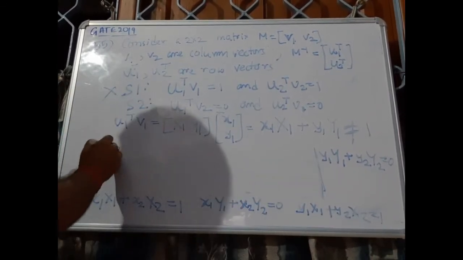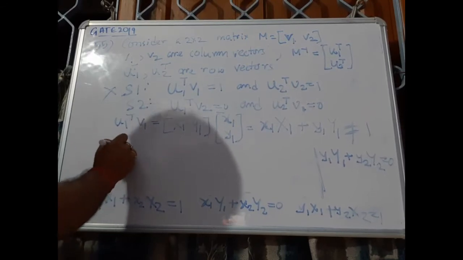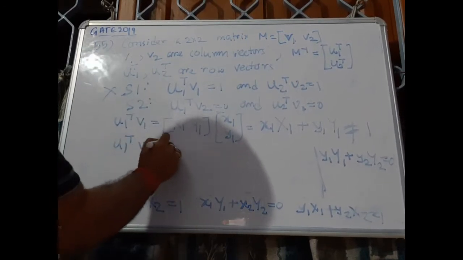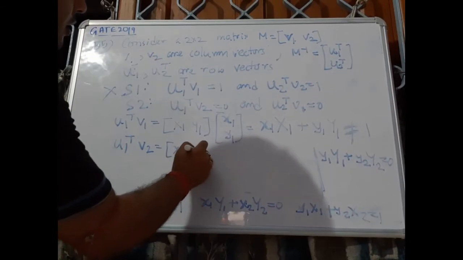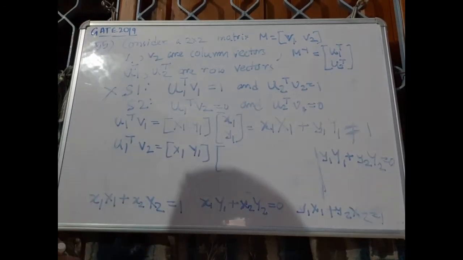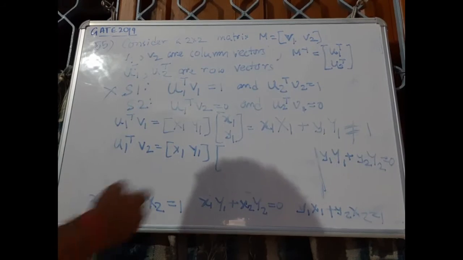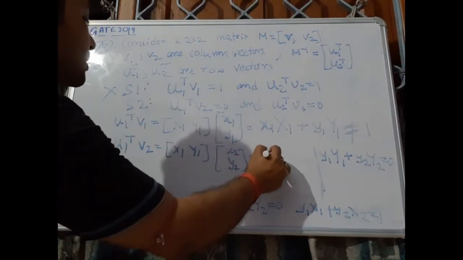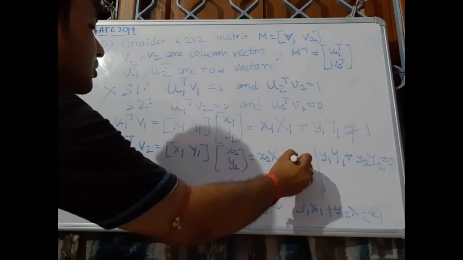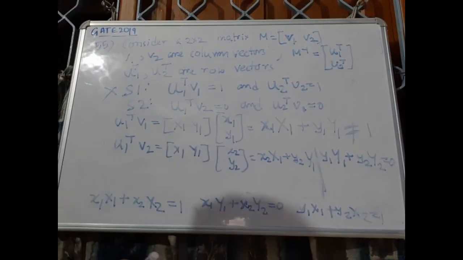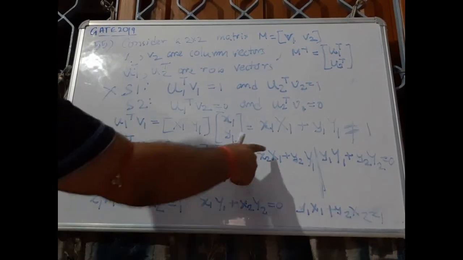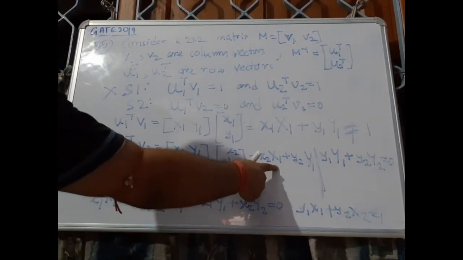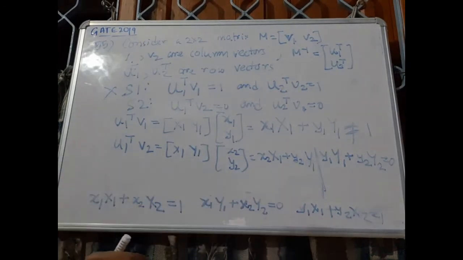Again, if we do U1 transpose V2, we have x1 y1 in capital and x2 y2 in small, giving small x2 capital X1 plus small y2 capital Y1. If you try to find this multiplication in the four equations, again you will find nothing.